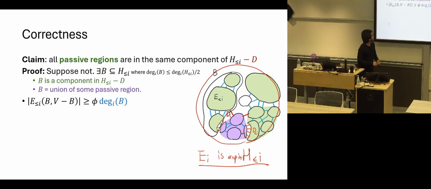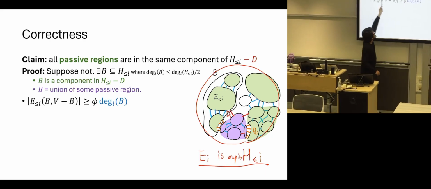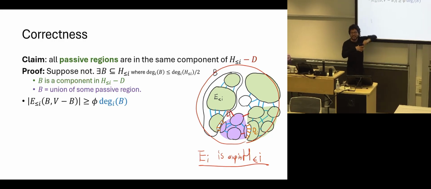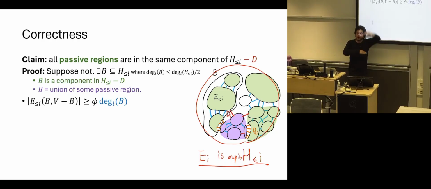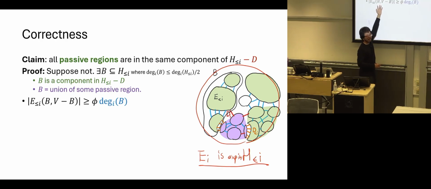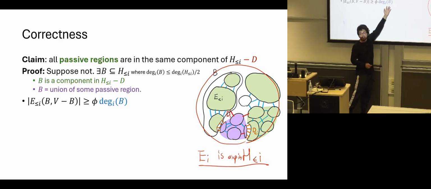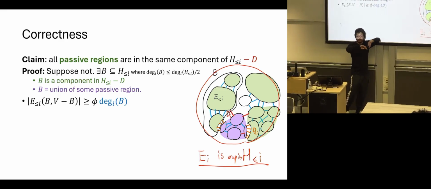Does it make sense? This is the number of edges crossing the cut in H, and it's going to be of level at most I because H only contains edges up to level I, from 0 to I. The number of cut edges of H crossing any cut B needs to be big compared to the blue edges.